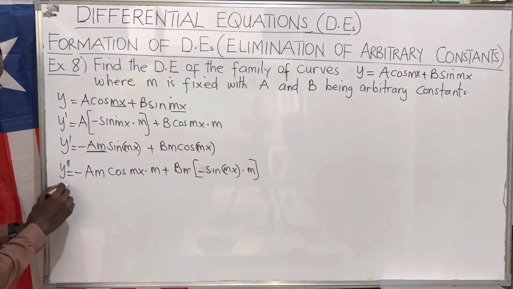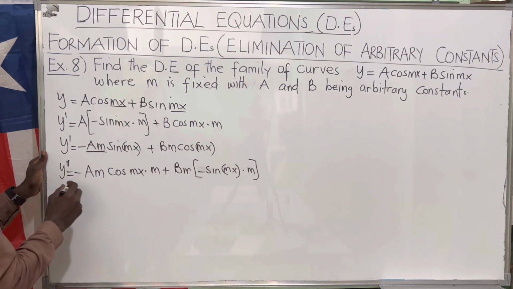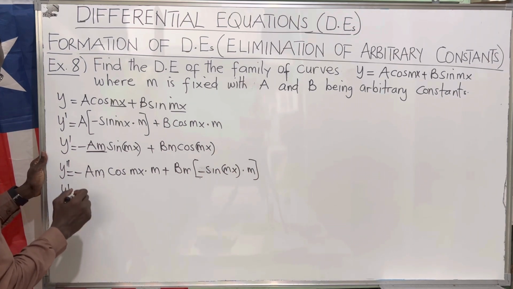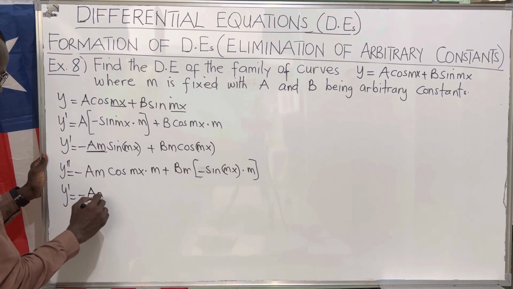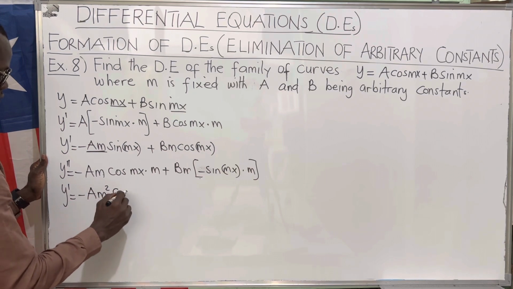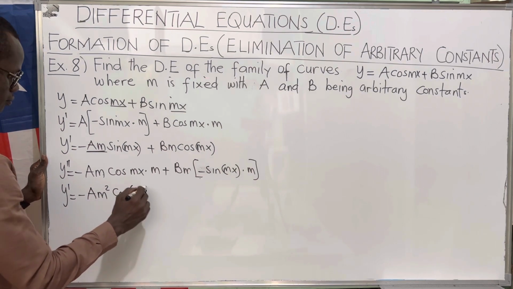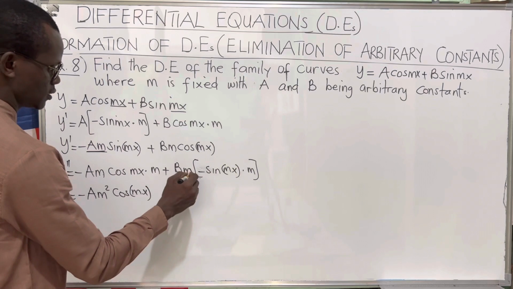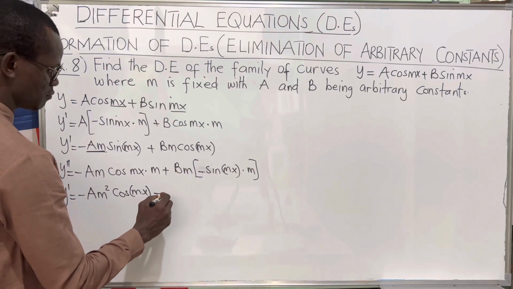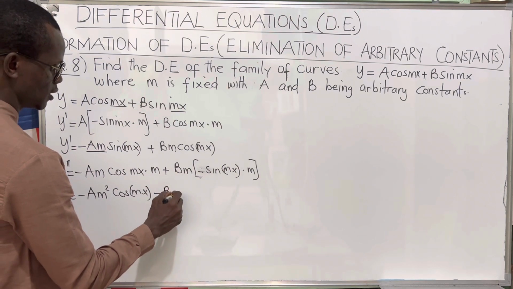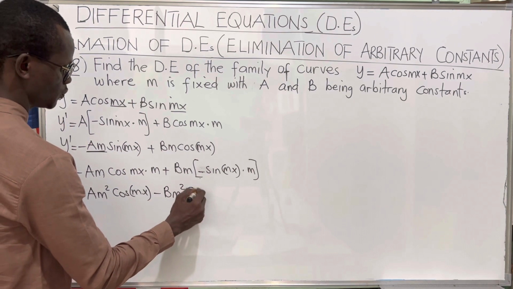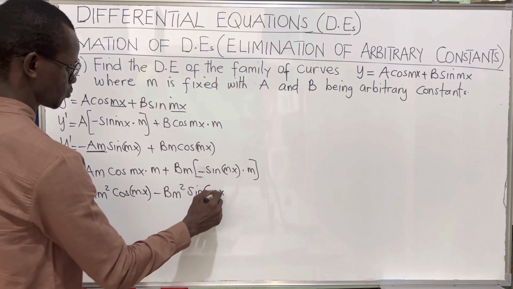If we simplify this expression, we have m times m, which is m squared, cos of mx, and then this negative comes outside, so we have minus bm squared sine of mx.